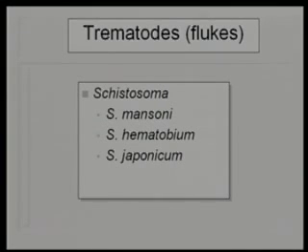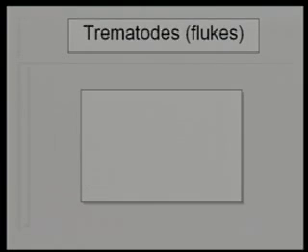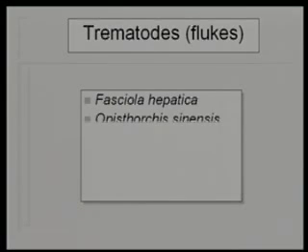Now, the other flukes are Fasciolopsis buski, and then Fasciola hepatica, the liver fluke. That's the normal one. You must have all seen pictures of it and read about it in biology.